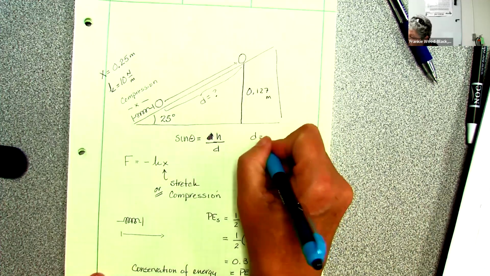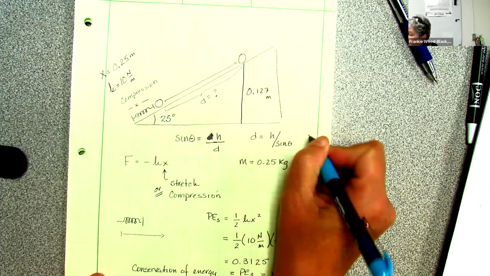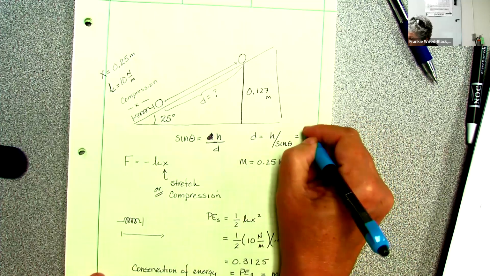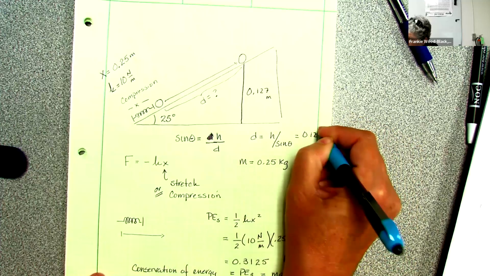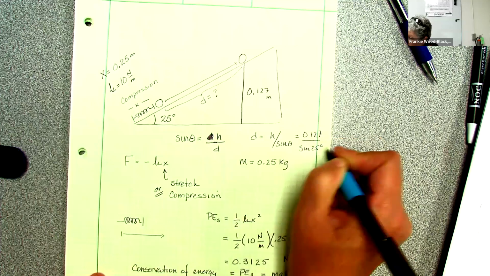So the distance is equal to height divided by the sine of the angle. And now I'm going to get my 0.127 divided by the sine of 25 degrees.